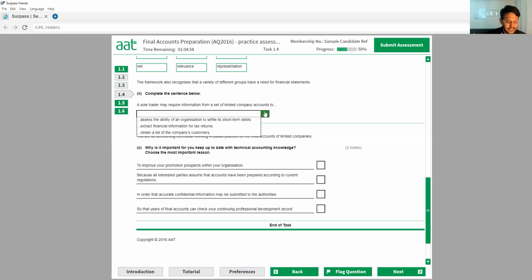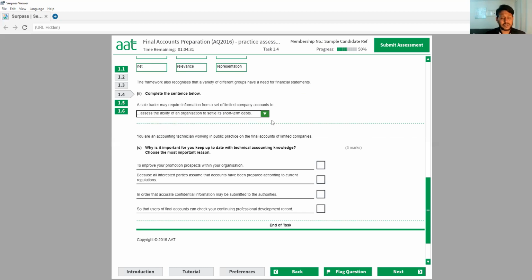Assess the ability of an organization to settle short-term debt, extract financial information for the tax return, obtain a list of the company's customers. A sole trader doesn't have that tax return anyway, so they don't do this. A sole trader may require information from a set of limited company accounts to assess the ability of the organization to settle short-term debt. This is the more suitable one.